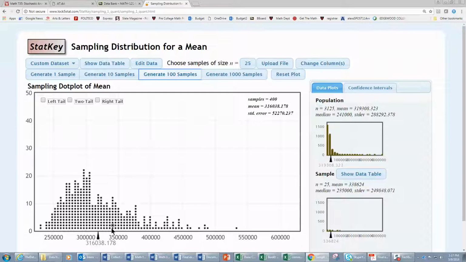Notice that the average of our sample means, so each dot represents 25 houses taken from our original data set and gives the mean for those 25 houses, is 316,000, which is not that far from the 319,000 for the original population. The standard error is huge. It's 52,270.